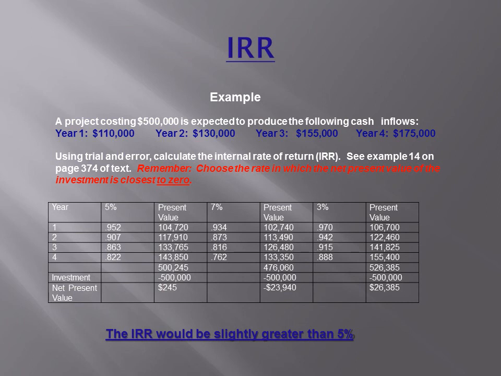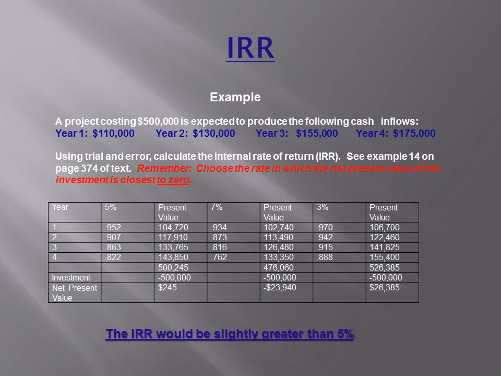I want you to look at example 14 in your text on page 374. That will be an excellent tool for you to use when trying to figure out where to go next with this calculation.